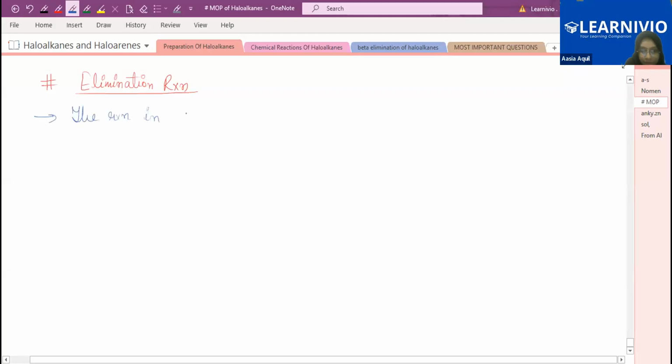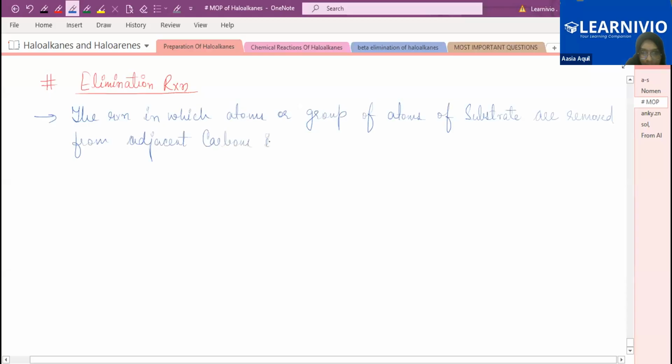The reaction in which atoms or group of atoms of substrate are removed and not replaced, they are just removed from adjacent carbons in presence of a base to form, what we are supposed to form, product, kya hoga, basically the product is unsaturated compound.